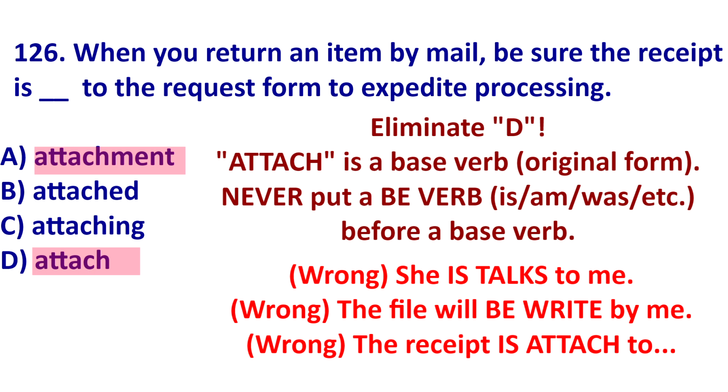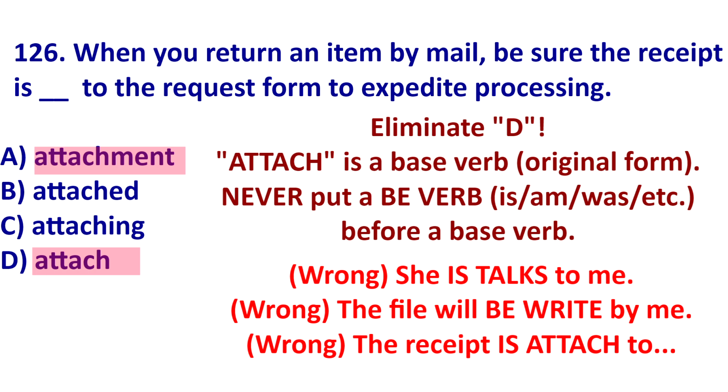Or if I say "the file will be write by me," this is wrong because write is a base verb. So I could say "the file will be written by me." And I don't say "the paper is attach to the product" because attach is a base verb.